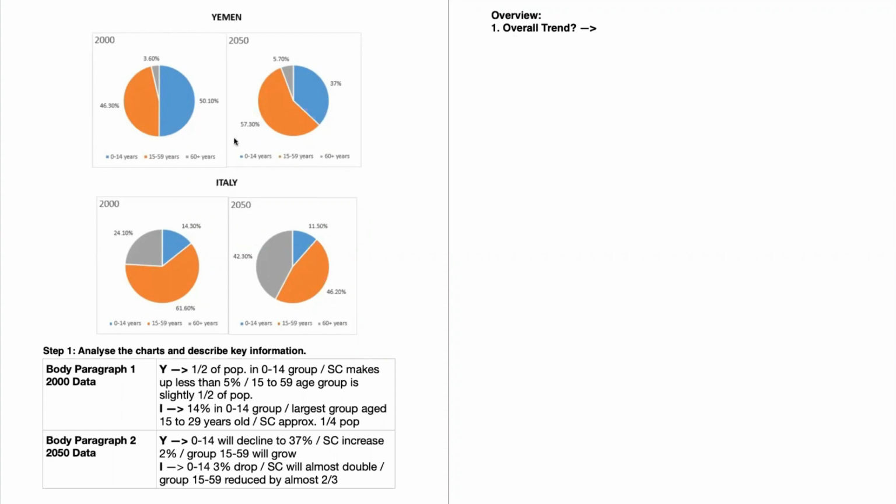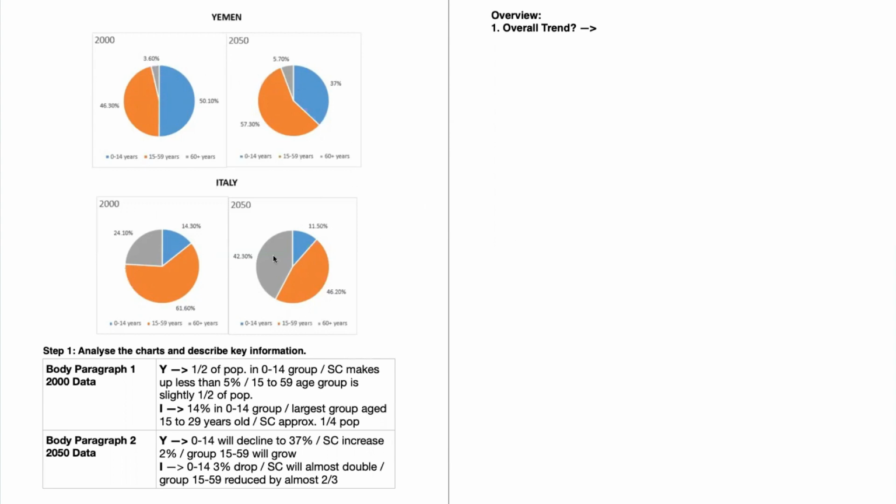First off, it is clear that both countries are going to experience changes in terms of the age groups and the trends. This we've already talked about in our notes, and I want you to notice, however, the age group of 60 plus years. Now, that is the gray. You'll see that there are increases from 2000 to 2050 in both Yemen and Italy.